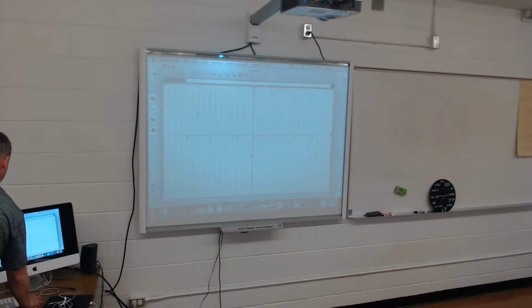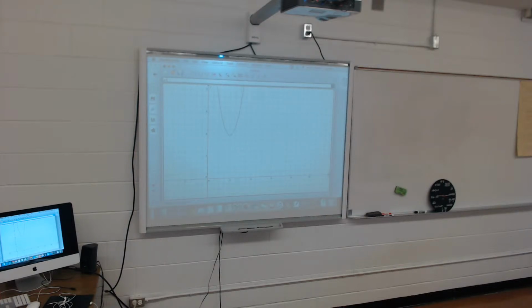Move that up a wee bit. And then the next one is y plus 4x squared minus 16x equals negative 12.